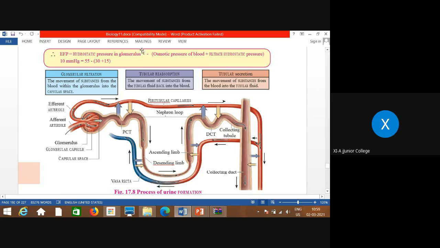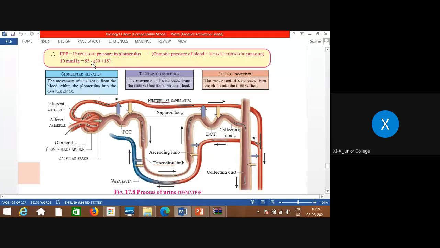Because this is 55, or in some textbooks it is mentioned as around 60. Then the osmotic pressure of blood is 30, and the filtrate hydrostatic pressure is 15. So 55 minus 45 is 10. So EFP is considered to be 10 mm Hg.